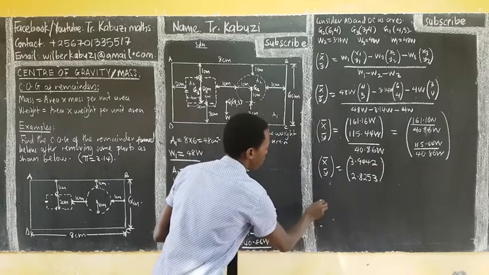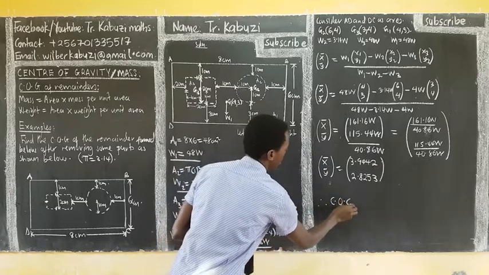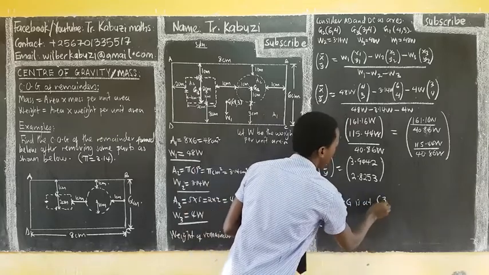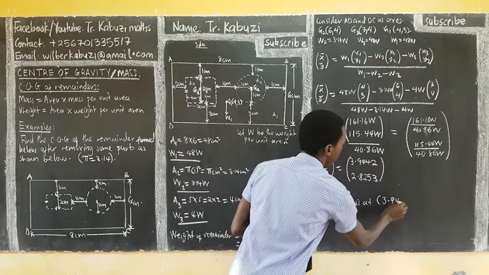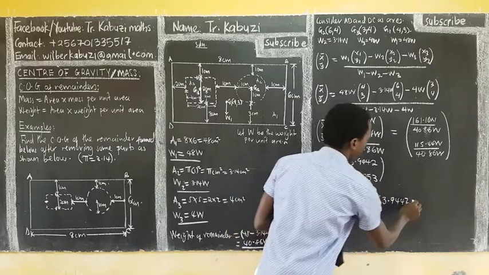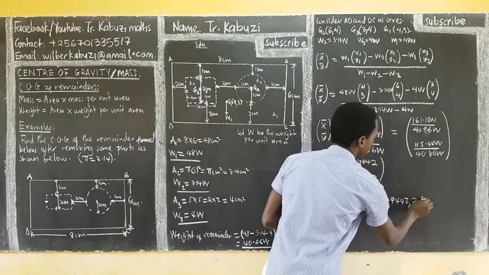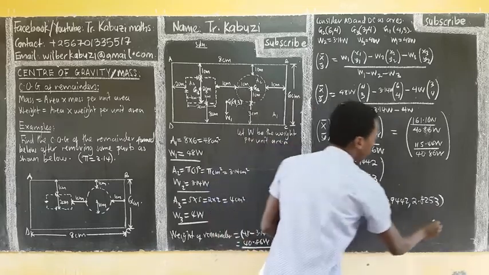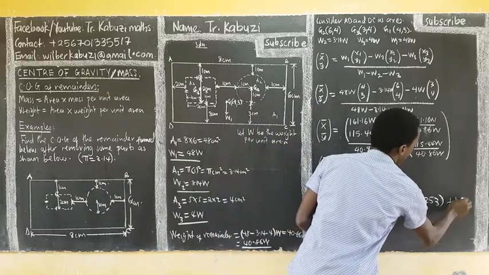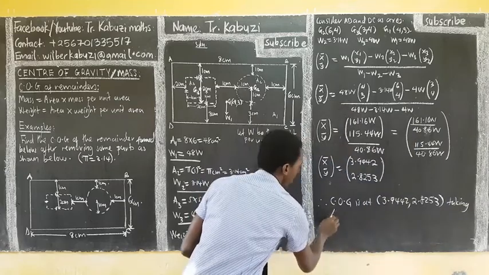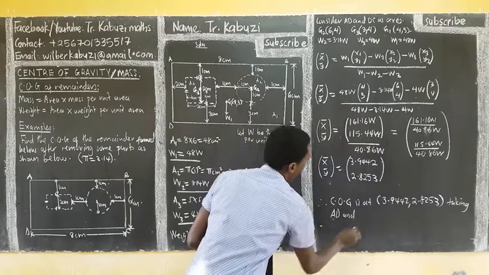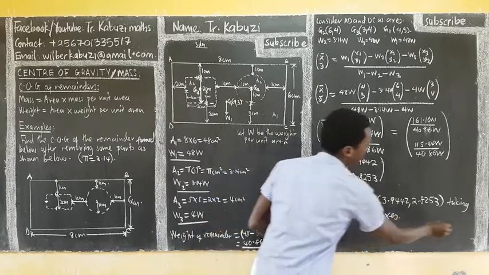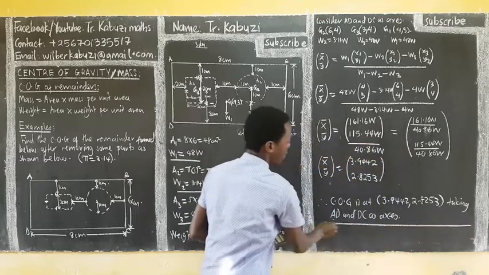And therefore, my center of gravity is at 3.9442, 2.8253, taking AD and BC as axes. That is going to be my answer there.